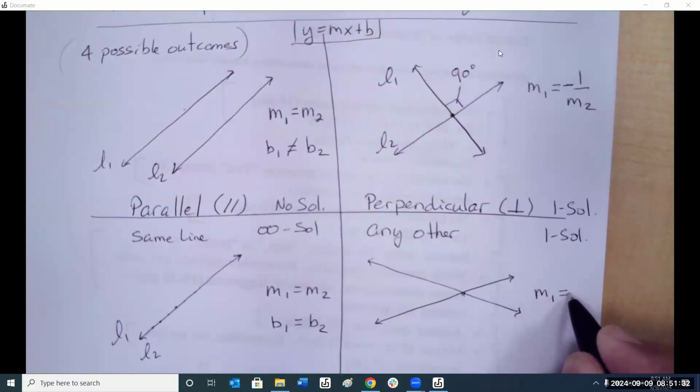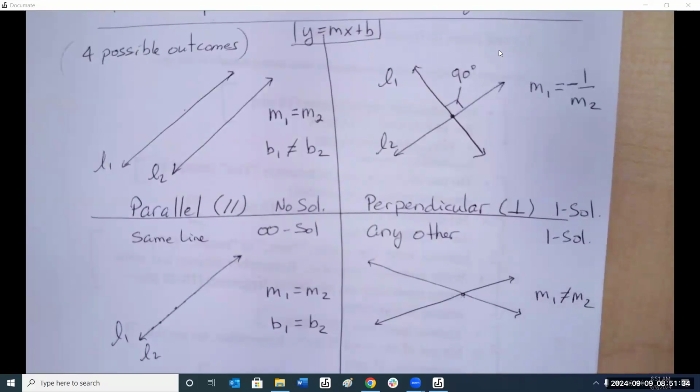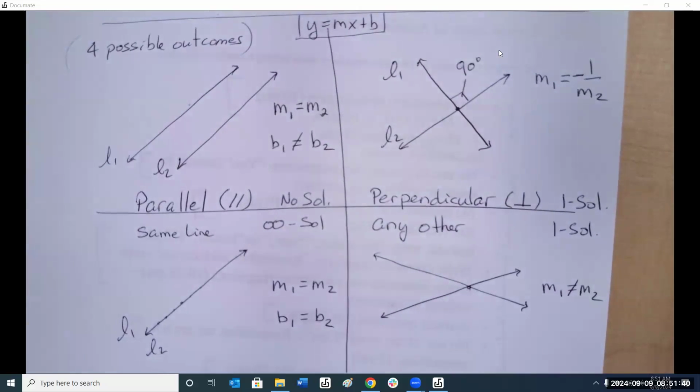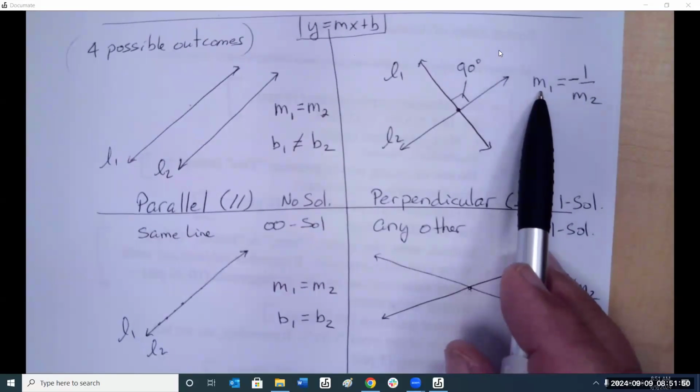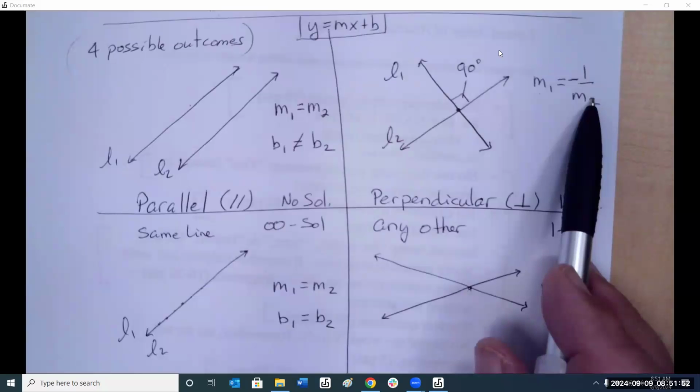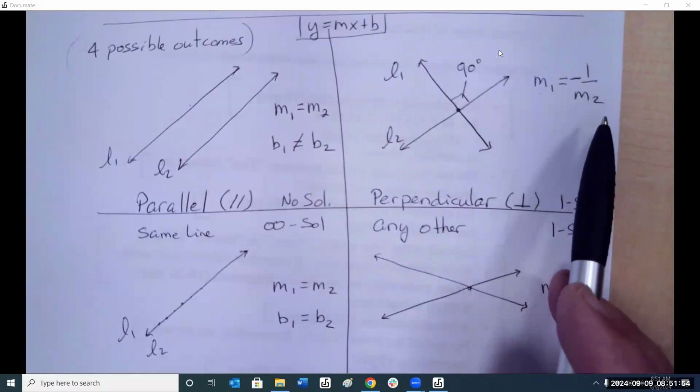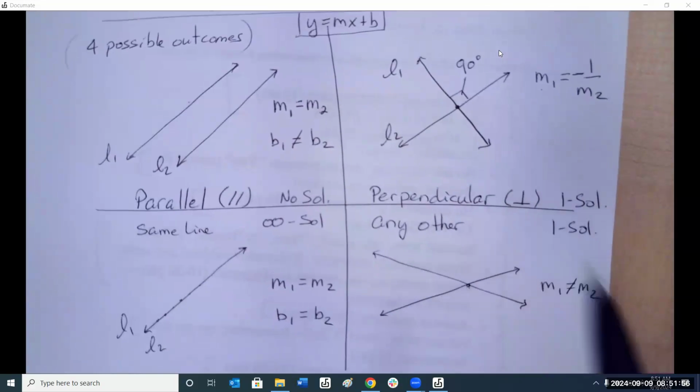Anything else just says they have different slopes. This is very important because if I tell you the line is perpendicular to this, and I give you an equation, you know its slope. You have to find the perpendicular slope. That's your line. And that's what we're going to work on next.